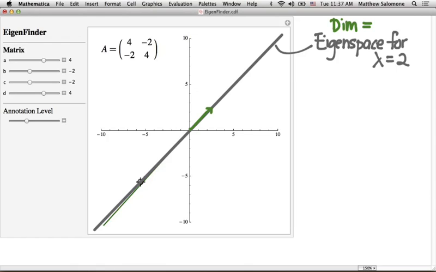This eigenspace is just a line through the origin, and so this eigenspace is one-dimensional. Since we like terminology so much, this is a good time to mention that the dimension of an eigenspace also has a terminology associated with it. It's called the geometric multiplicity of that eigenvalue.